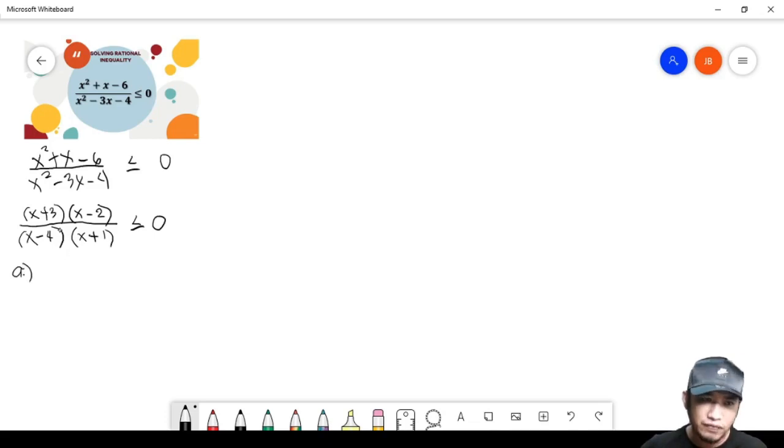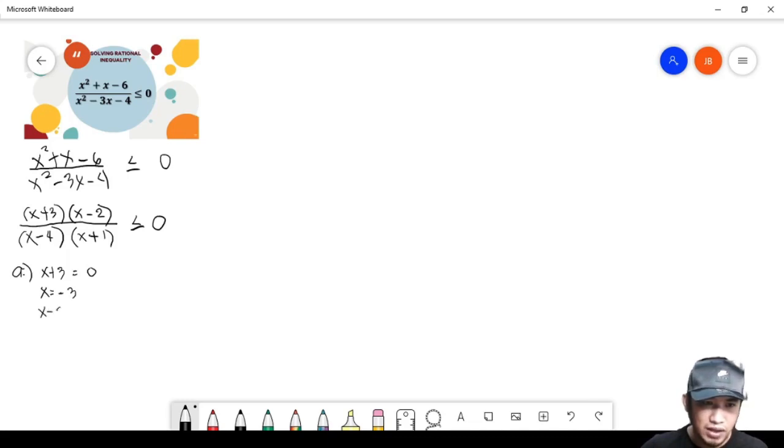So, let's proceed in computing the values of x. So, very obvious, meron tayong 4 na values ng x. Okay, so first is yung x plus 3. X plus 3 is equal to 0. Equate natin sila sa 0. That is the first step. Kunin natin yung value ni x, that is x is equal to negative 3. Next naman, yung si x minus 2.